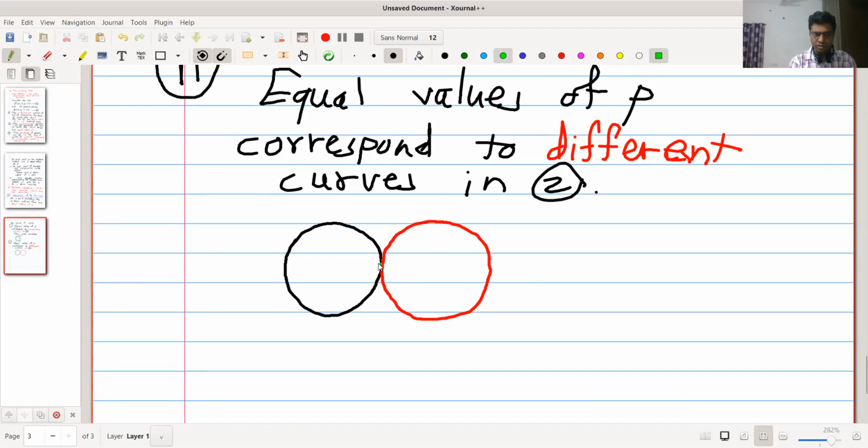Here we have repeated values of p. But these two are different curves, so c will be different for these two curves. So such points are in p discriminant relation but not in c discriminant relation. That means locus of such points will not form solution.